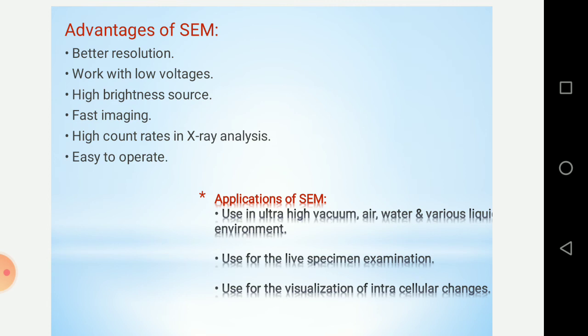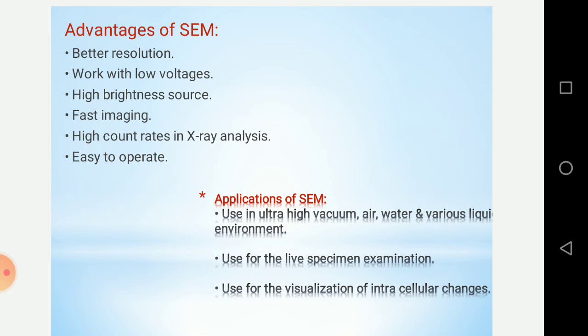Fast imaging, so it is quite fast compared to other types of microscope, and we can observe the image in very less time. High count rate in X-ray analysis: when we do X-ray analysis and observe the image, it gives a very high count, and high count basically means a very high number.